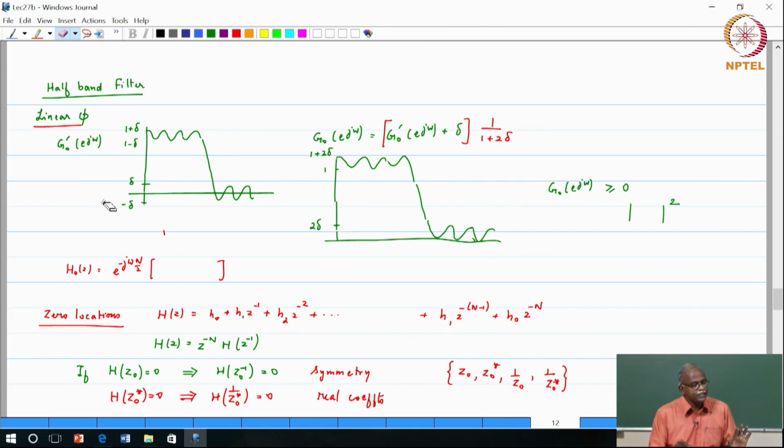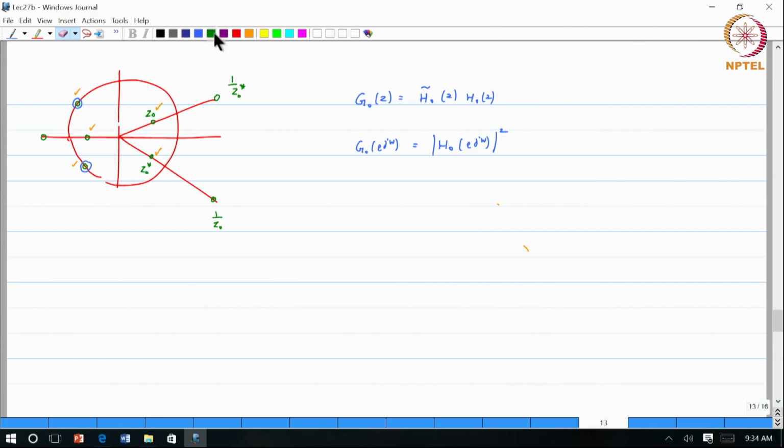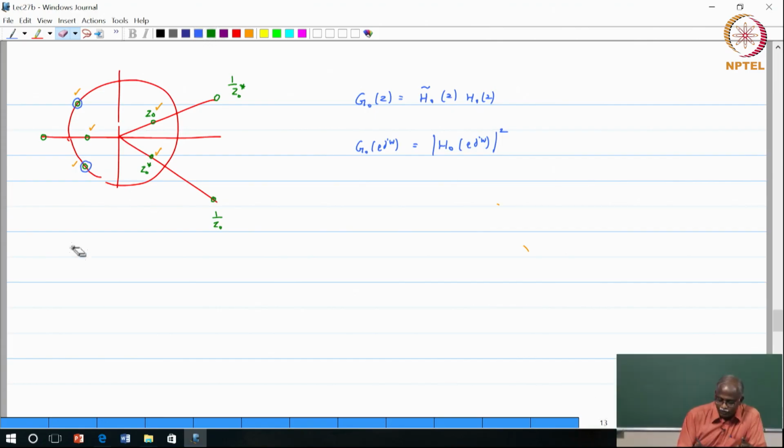Any linear phase filter with real coefficients will have the following. I will write it in this form. The zeros of any linear phase FIR with real coefficients, this is how the zeros will be distributed.